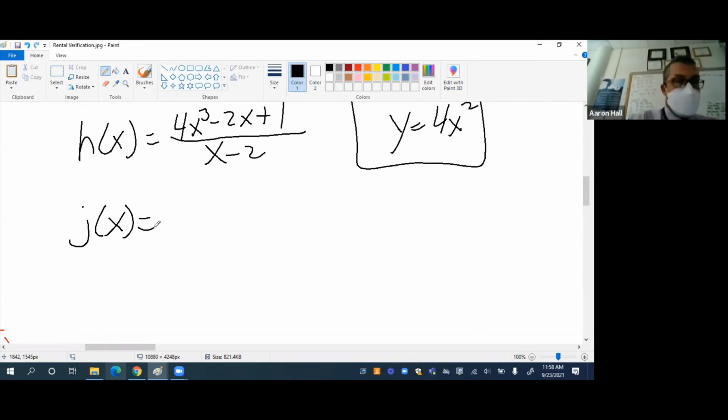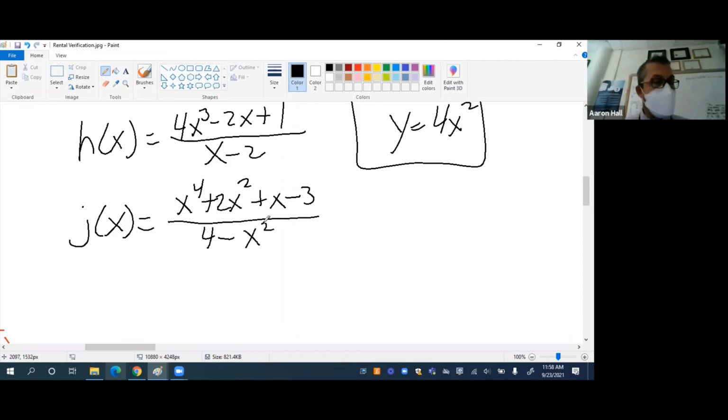j of x. Looking at the end behavior model. Negative x squared. Yep. We're looking at the leading terms, right?